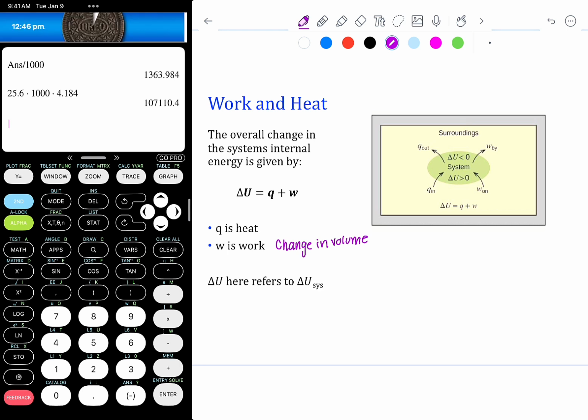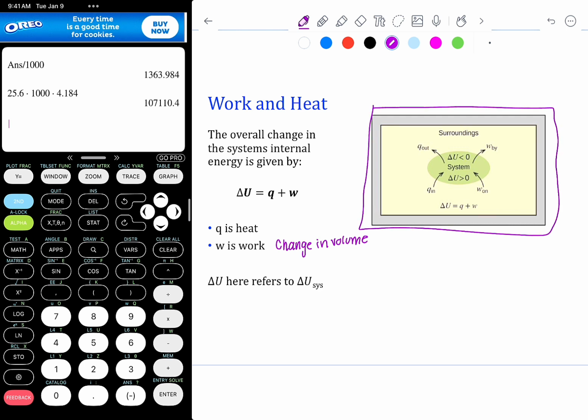So what I want to do next is look specifically at this image and discuss how work and heat relate to the system, whether that heat and work is going into or out of the system, and how that relates to the overall energy of the system itself.